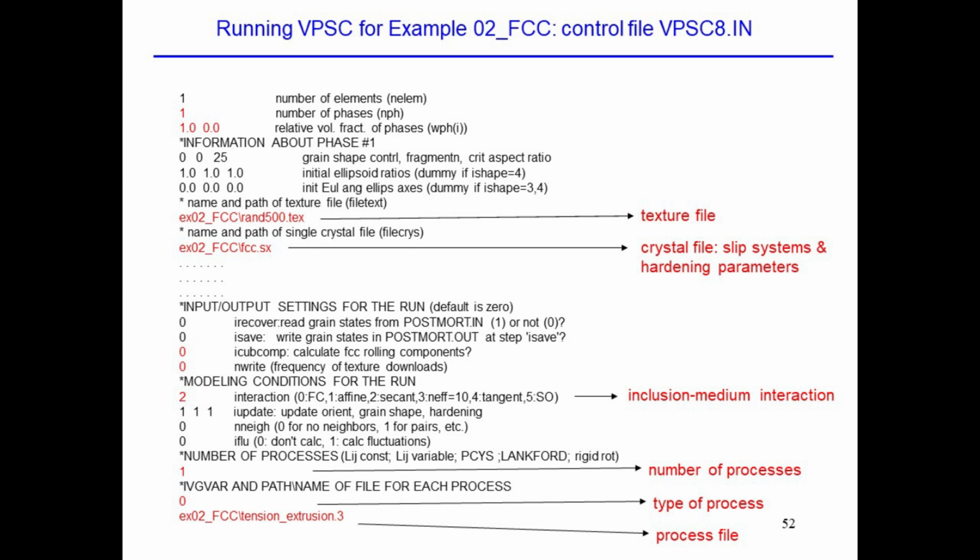As I said, the ones that are most relevant are the ones indicated in red there. The texture file, the single crystal file with the parameters and the slip and twin systems, and this is the strain history that you are going to be running, or other processes that we will discuss later today.